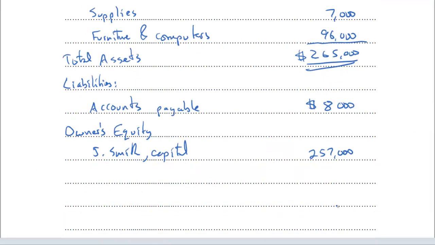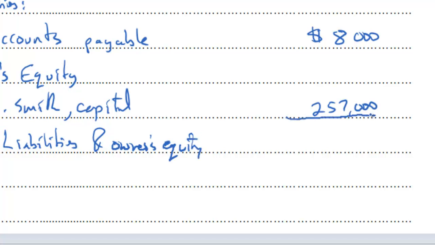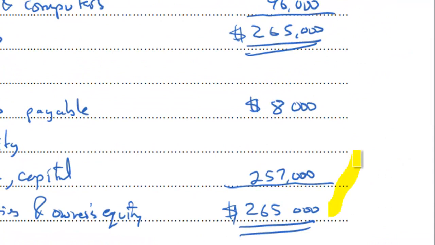So if we want to get then total liabilities and owner's equity, we would total these guys up and we would get $265,000, and magically that keeps our accounting equation in balance because we have total assets, 265, equals liabilities plus owner's equity, 265. And that concludes this problem.